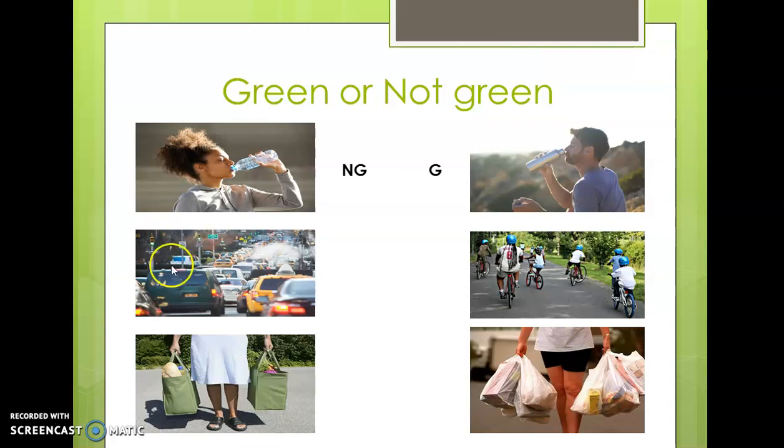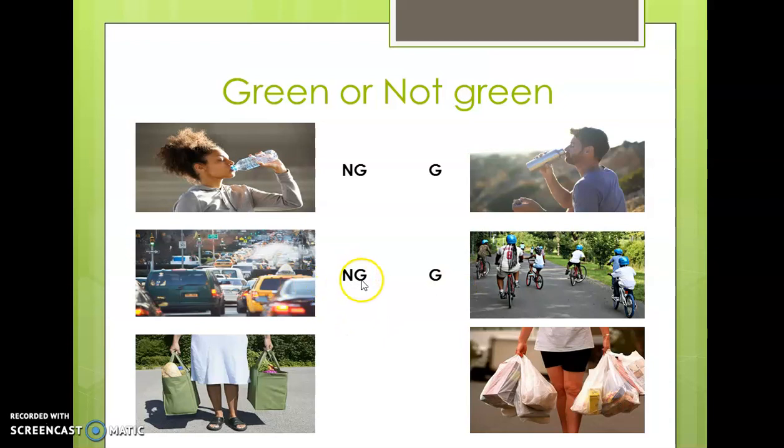Okay, let's continue. Here we have traffic jam, pollution, smog, and of course fossil fuels. But here we have a family riding back to school. They are taking a walk or just going to work. So what do you think? Green, not green? If you were thinking about this, you were totally right.